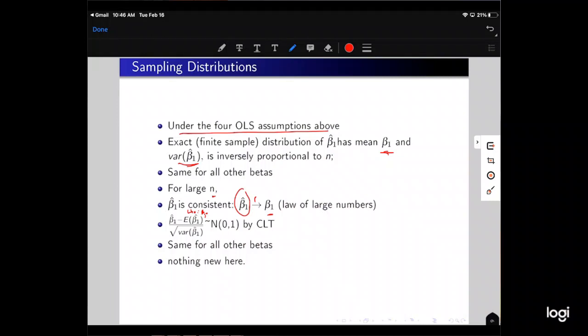That gives us this expression here, our t-stat, which is normally distributed with mean 0 and variance 1. Same for all other betas, nothing new here, and this is really nice because it means that we can just use the standard z-table, and we can compare this value to the regular t-stat rejection rule: reject if the absolute value of the t-stat is greater than or equal to 1.96, reject with 95% confidence.